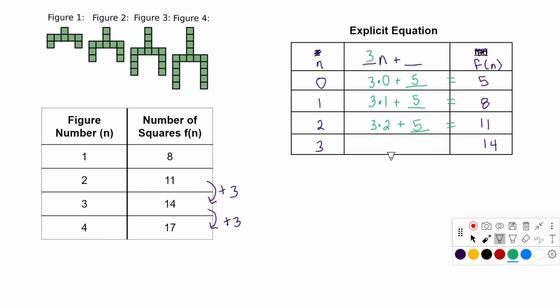So as we can see, this next one should be 3 times 3 plus 5. So 3 times 3 is 9 plus 5 is 14. So our explicit equation is going to be f of n equals 3n plus 5.